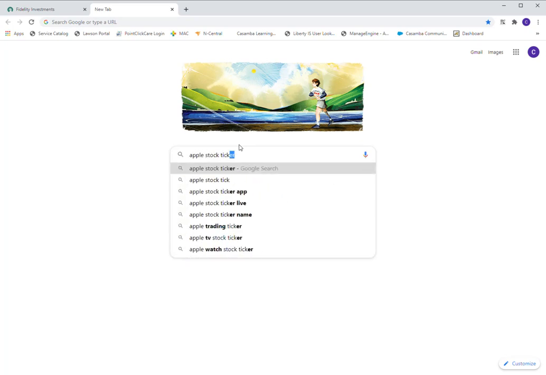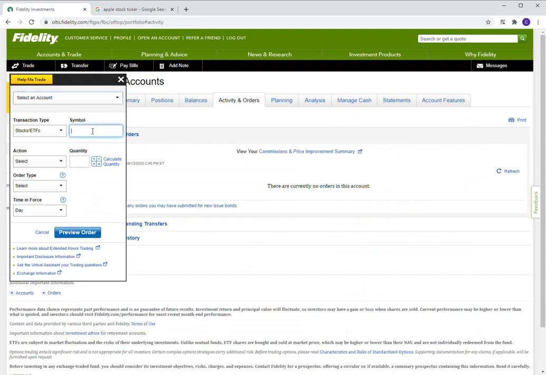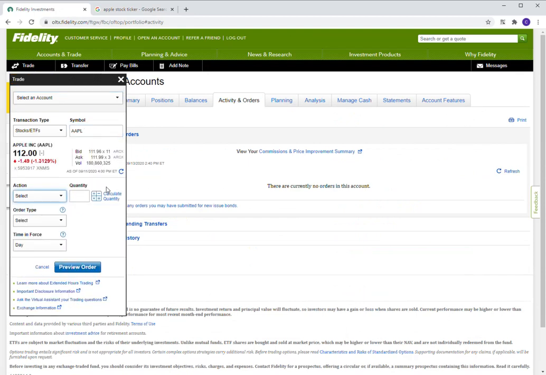You just put in Apple stock ticker and you'll see it pop up right here, NASDAQ AAPL. So now you go back to your brokerage account and you put in AAPL, and there it is, Apple Inc.